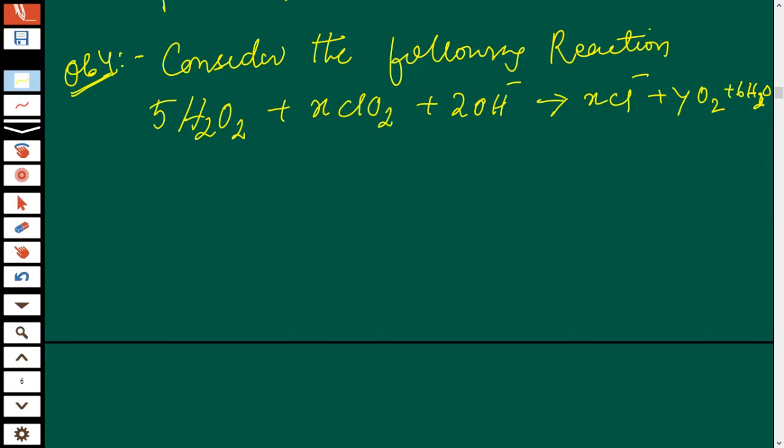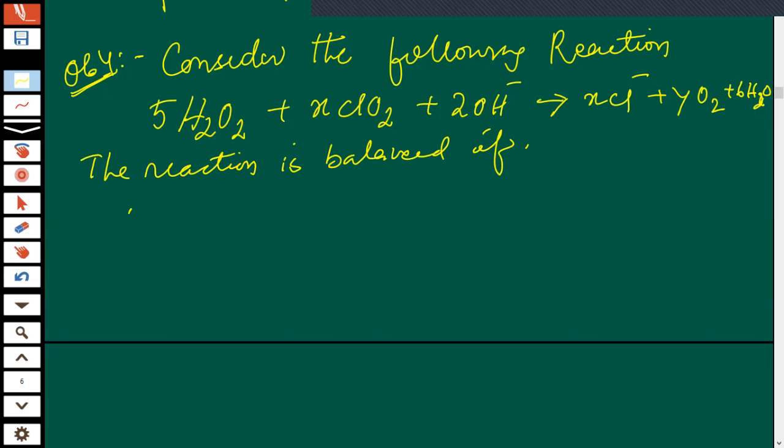The reaction is balanced if, and again they have given 4 options. First option is x equal to 5 and y equal to 2.